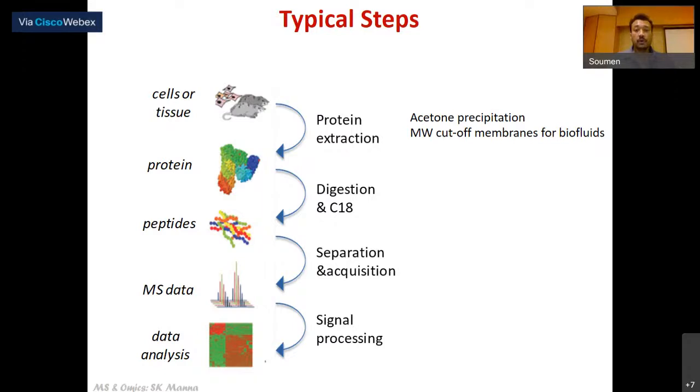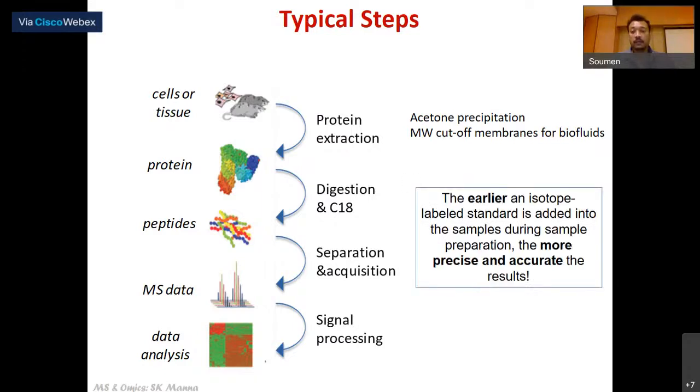Okay. So just like we have discussed before, in metabolomics, lipidomics, and proteomics, as soon as possible in your processing step, you introduce an internal standard, and oftentimes that is an isotope-labeled standard, because an isotope-labeled standard will have exactly the same chromatographic pattern and exactly the same ionization pattern.